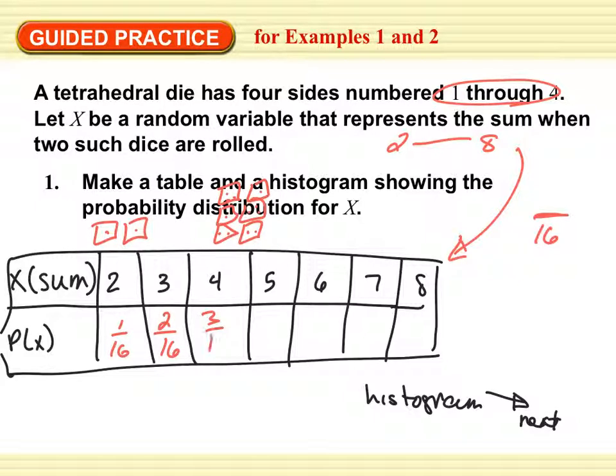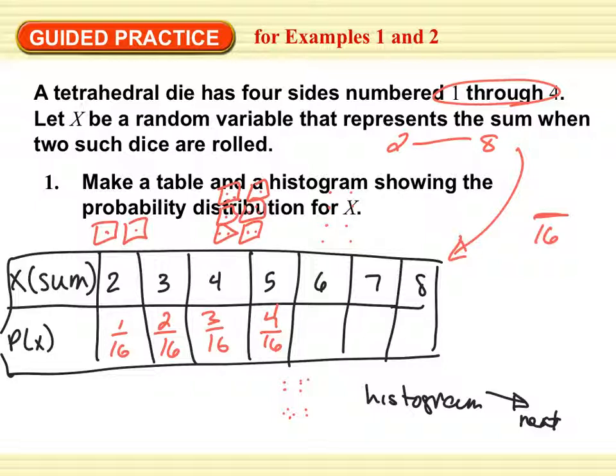So 3. 5, I've got 1 and 4, 4 and 1, 2 and 3, 3 and 2. 6, 1 and 5. Nope, can't do a 5, right? Because it's a 4-sided die. So 6 is going to be 2 and 4, or 4 and 2.